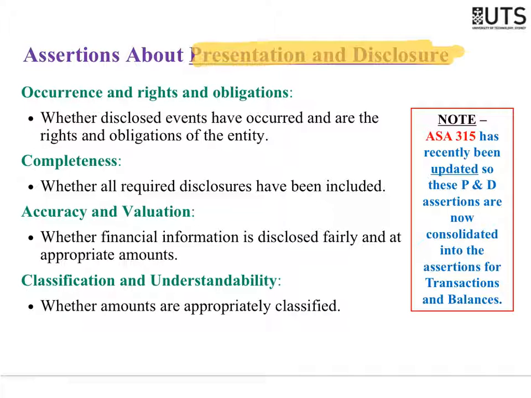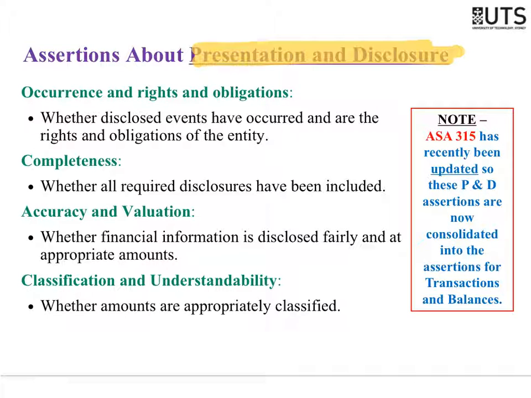It's not specific to the income statement or balance sheet. It relates to how the financials are presented as well as the written disclosures, the written notes that go with them. It is looking at whether they have done everything in accordance with the accounting standards in how they should present the information.